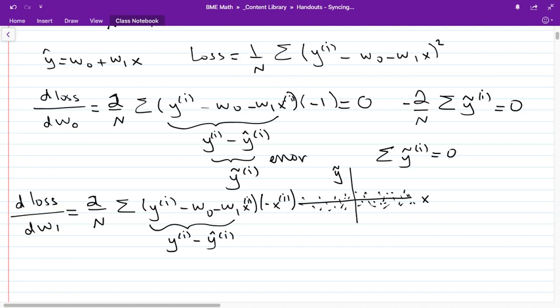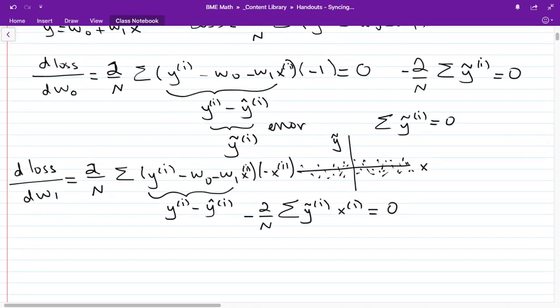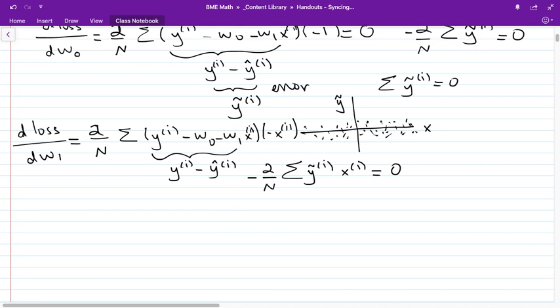And so what this equation tells me is that the sum, 2 over n, of my errors times xi should be equal to 0. What does that mean? Suppose that your errors, y tilde of i, my error, was equal to k times xi.